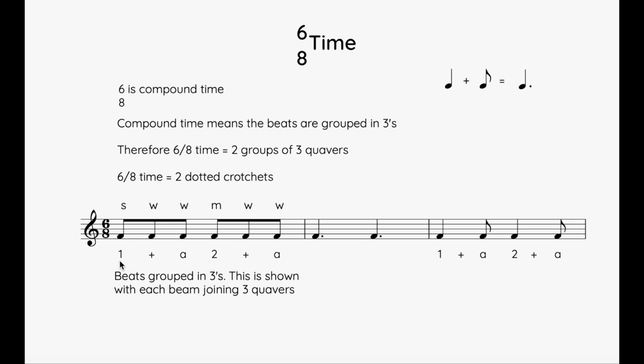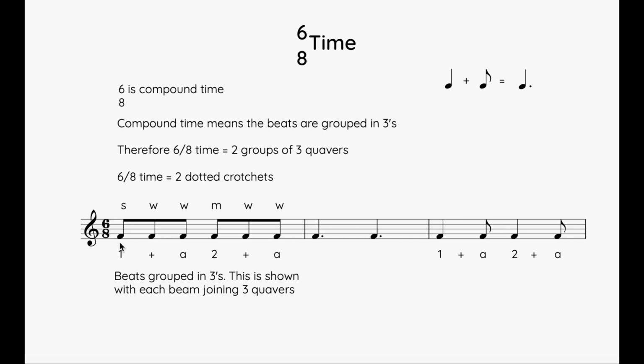When we're counting 6/8, rather than counting 1, 2, 3, 4, 5, 6, we need to think of it as counting 1 and 2 and, so then we're counting the compound beats. That makes sense. Imagine being in an ensemble and the conductor is conducting.